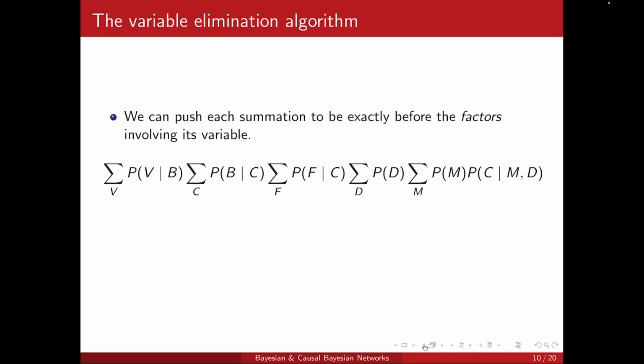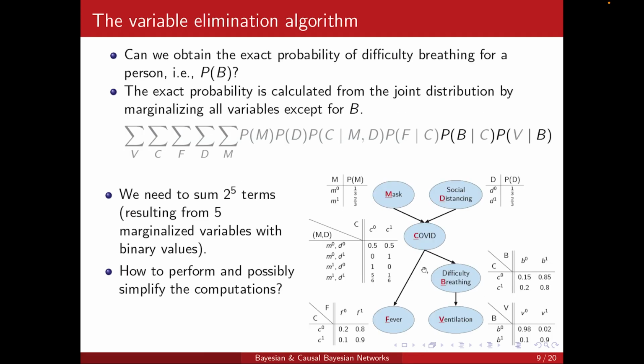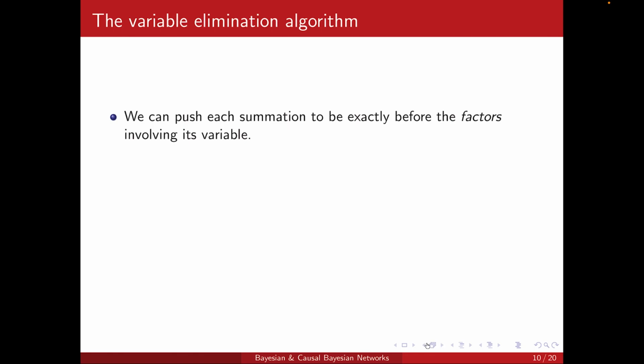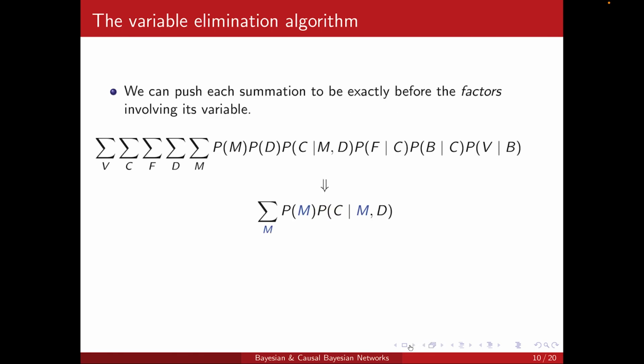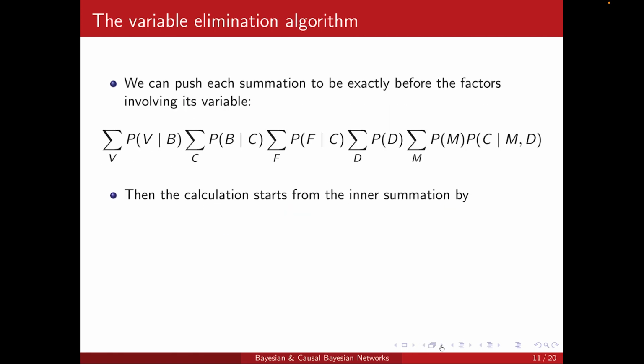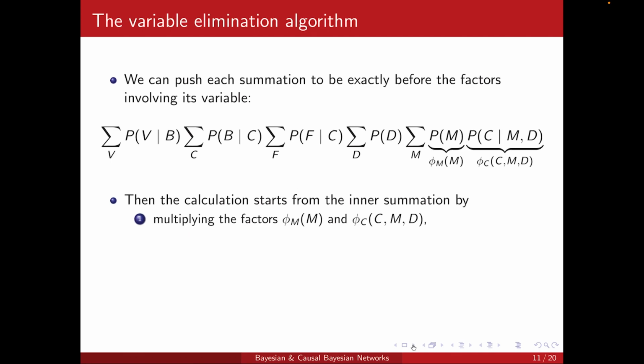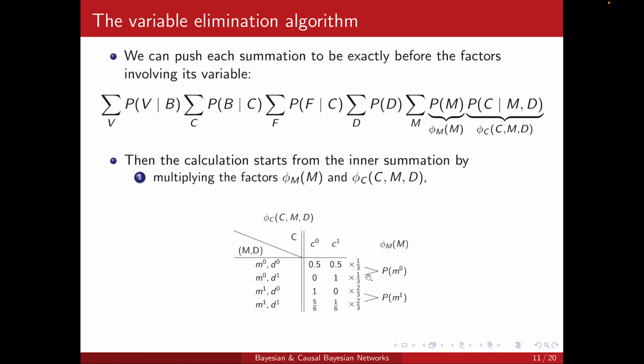If you look back at the table, you see that P of M was 1/3, 2/3, and the other table we're looking at is this one. So I'm just multiplying the first two rows by these numbers, and the last two rows by these ones.